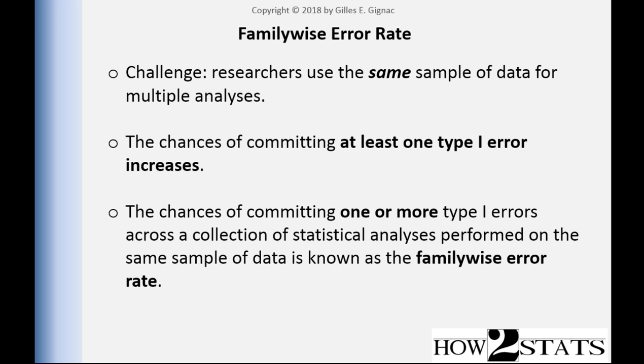And we refer to the chances of committing at least one type 1 error amongst a collection of statistical analyses on the same sample of data as family-wise error rate. So the per contrast error rate for any one analysis is fixed at 0.05, but as a collection, all the analyses conducted on the same sample of data, we make reference to the term family-wise error rate. And it's more than the per contrast or per analysis error rate of 0.05. It's actually much more than that.